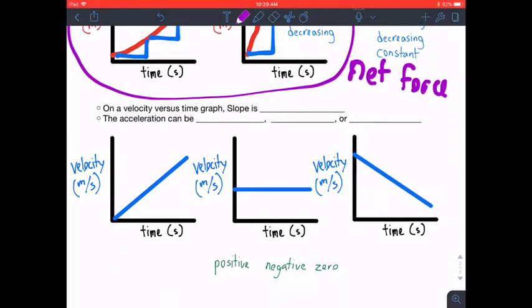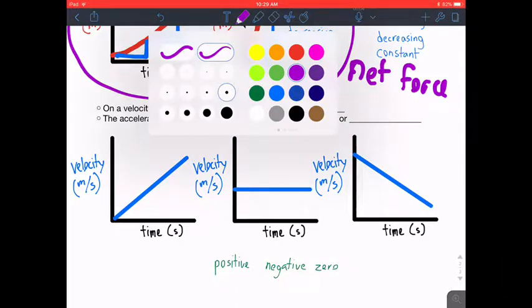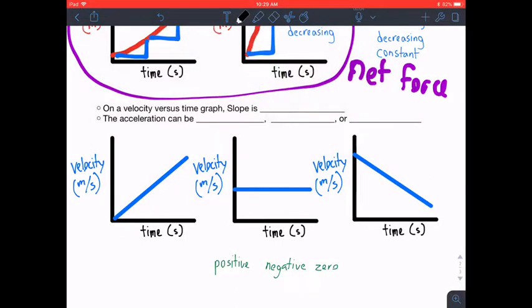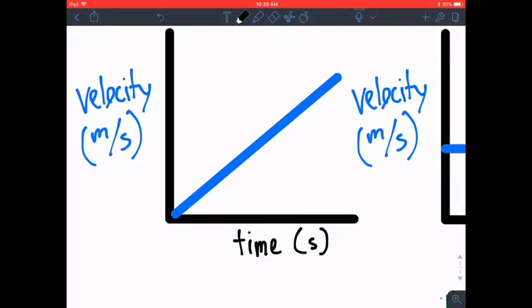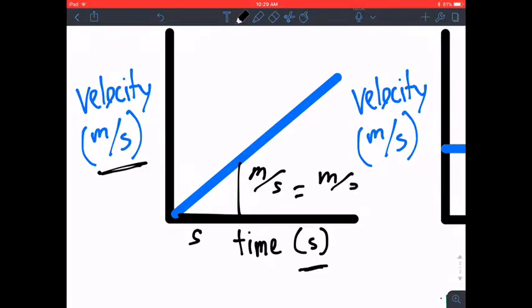Okay? Down here, when we look at a velocity versus time graph, the rules are very different. So again, we're going to look at the units of the y and the units of the x. We're going to realize that when we find slope, it's going to be the y unit over the x unit to create a slope unit of meters per second, which is sometimes written as meters per second squared.